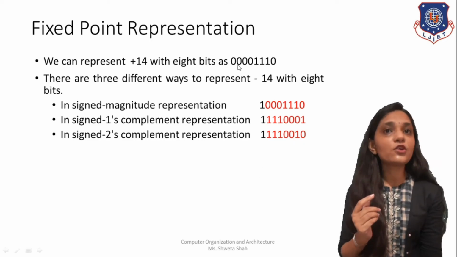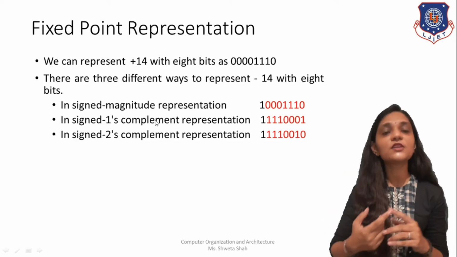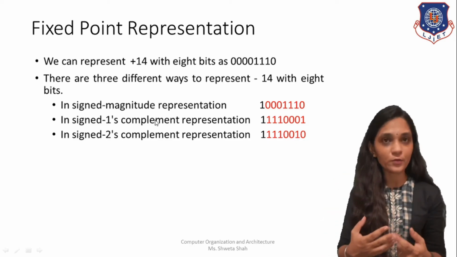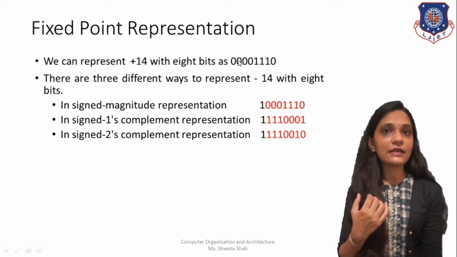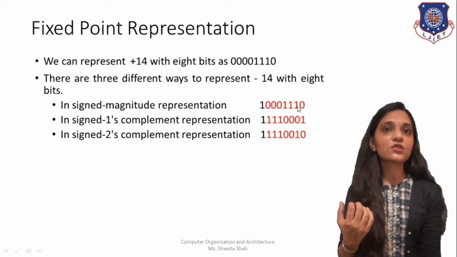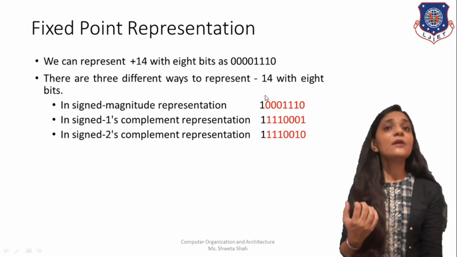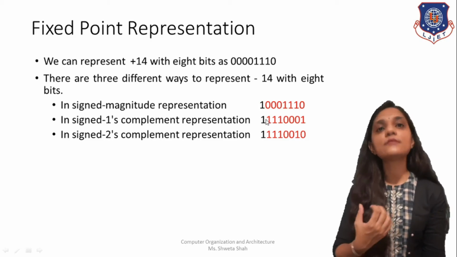But the rest of the 7 bits can be represented in terms of sign magnitude, 1's complement or 2's complement. In sign magnitude, we use the same pattern as in plus 14. So the sign bit is 1, and the rest of the 7 bits will be the same as plus 14. But this sign bit will say that your number is negative.